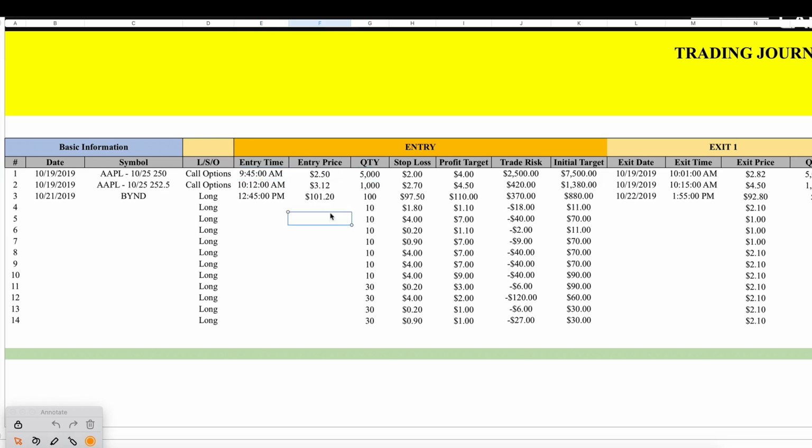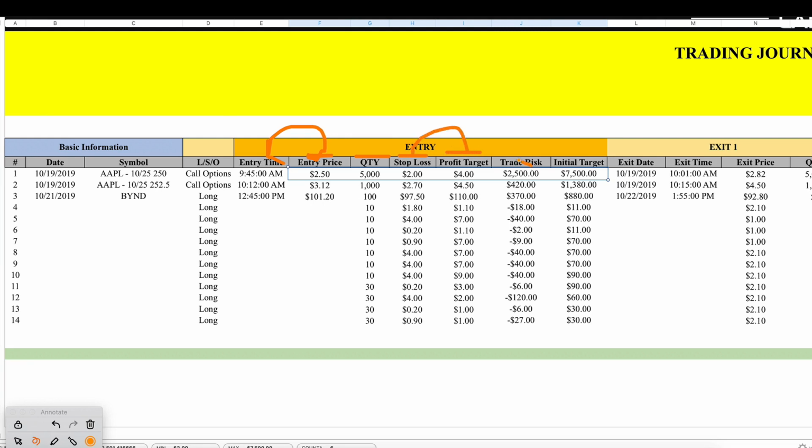Now right here is my pre-trade setup. This is very important because as you guys can see, having this setup shows me where I actually entered, what time I entered, the quantity, and my full setup. Based on my original setup, my stop loss was at $2, my profit target was $4.